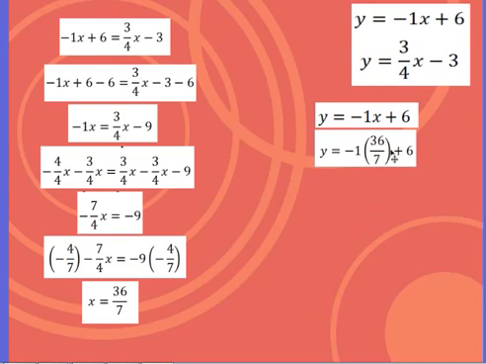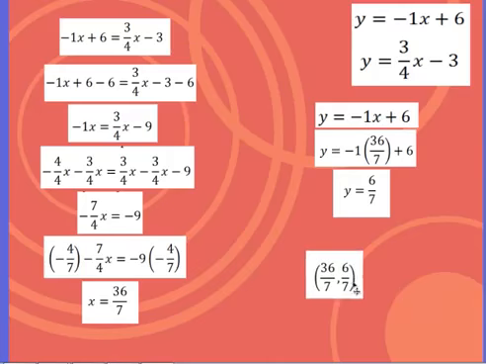So y is going to equal negative 1 times 36 over 7, which is just going to be negative 36 over 7, plus 6. Once I've calculated all that out, I get positive 6 over 7. So my ordered pair is exactly 36 over 7, comma, 6 over 7.